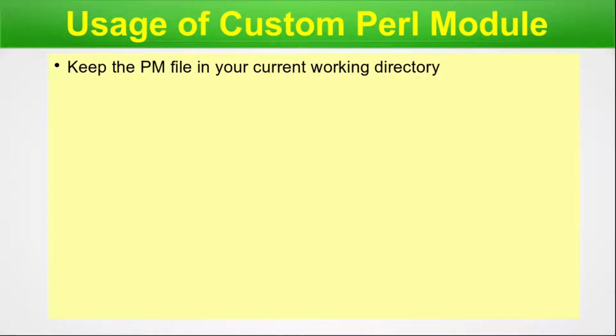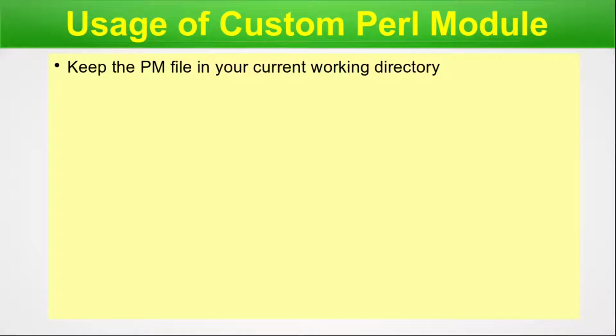In this next slide, we come to the usage of a custom module in Perl. Once you write these Perl modules, pm files, you can reuse them. So this is another kind of usage, that is code reuse.